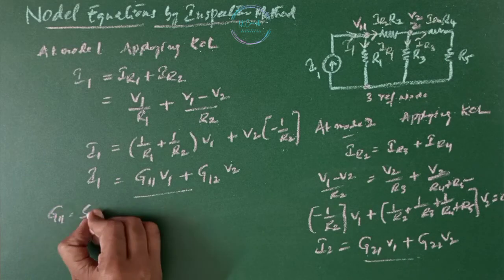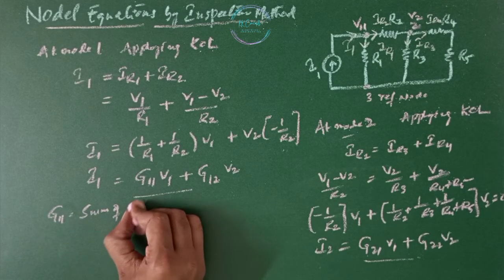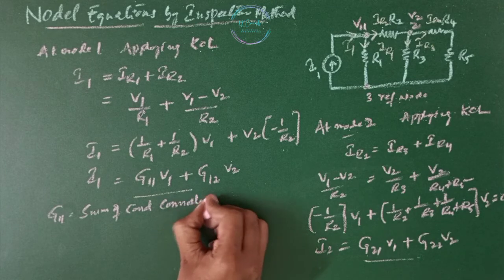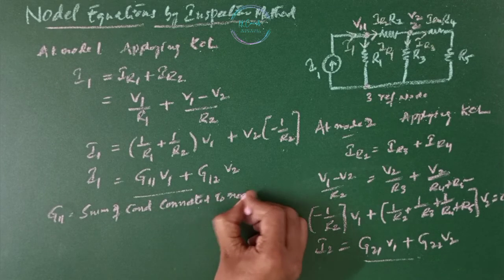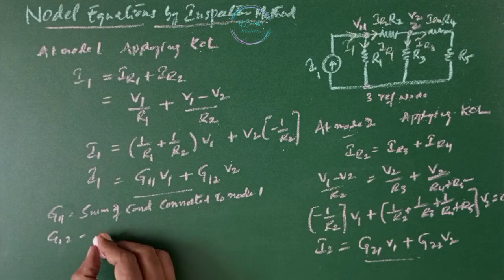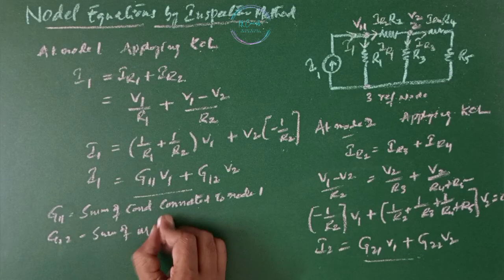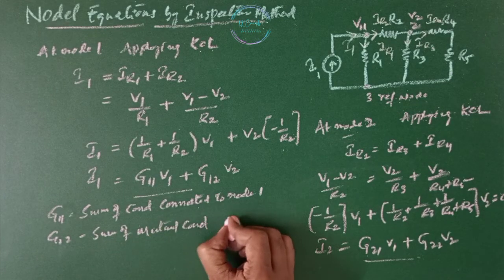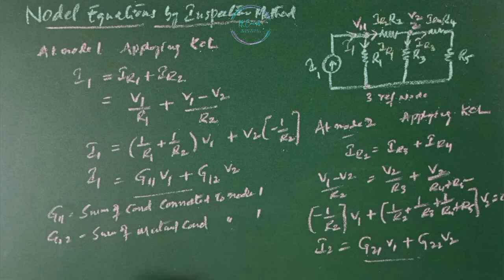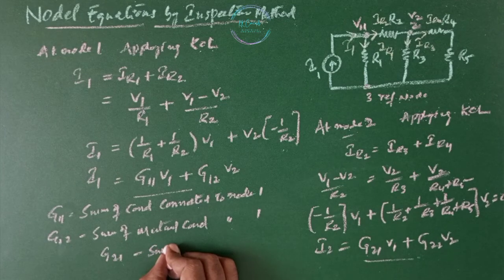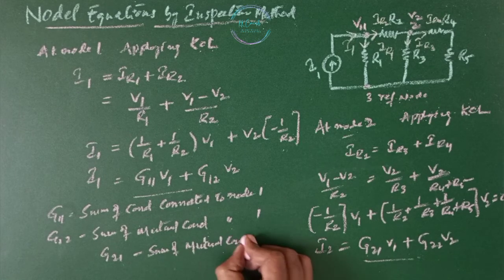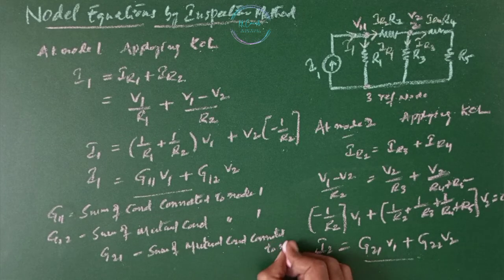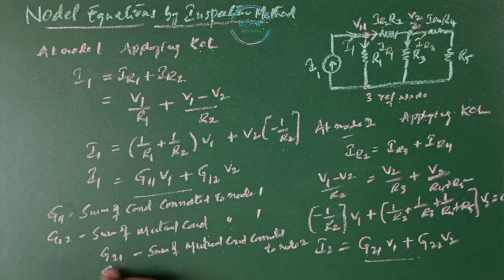G11 here is the sum of the conductances connected to node 1, whereas G12 is the sum of mutual conductances connected to node 1. The second one, G21, is the sum of mutual conductances connected to node 2. Similarly, G22 is the sum of conductances connected to node 2.